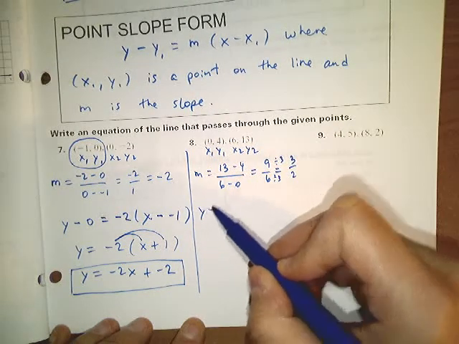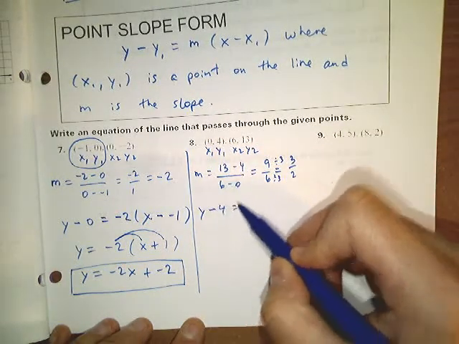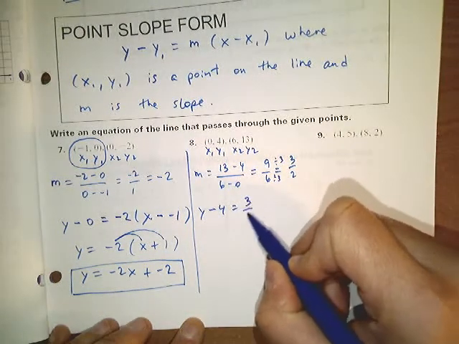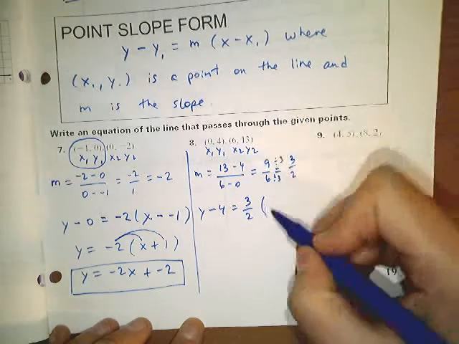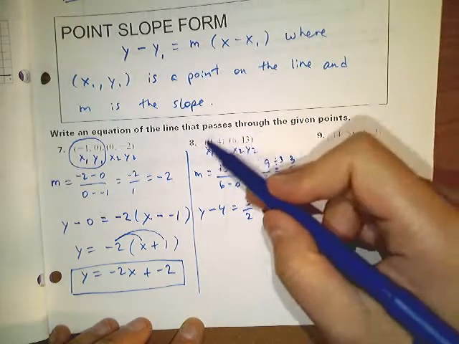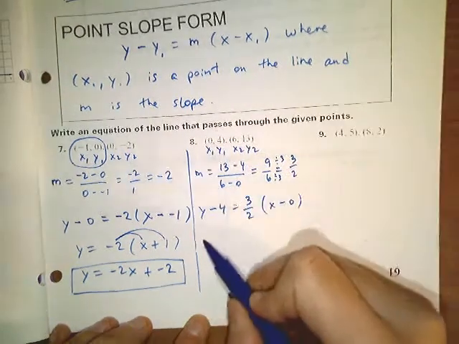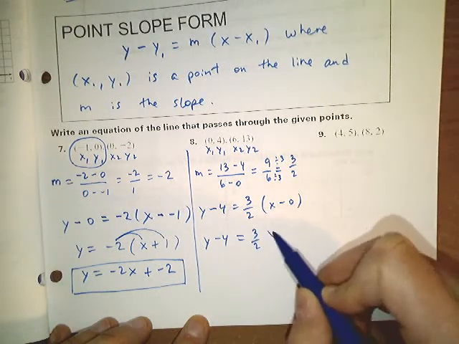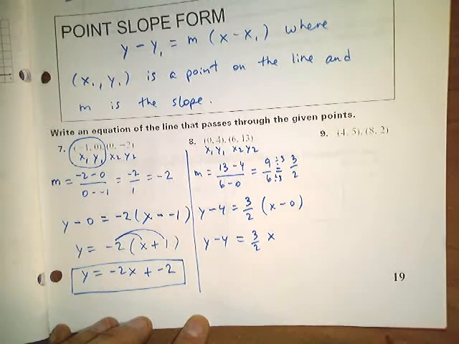So y minus y sub 1 would be y minus 4. Again, I'm using the formula up here. Equals the slope, which is 3/2, times x minus x sub 1, which is 0. So this will be y minus 4 equals 3/2 times x, because x take away 0 is still x.